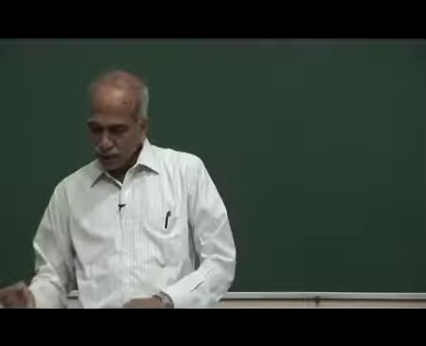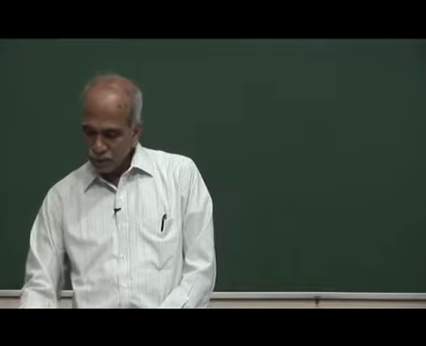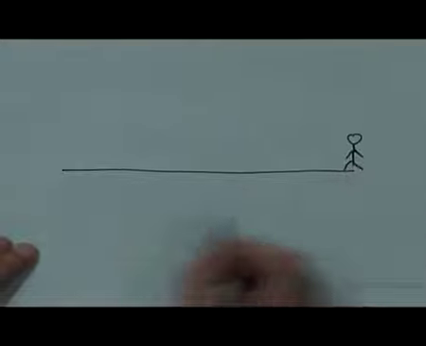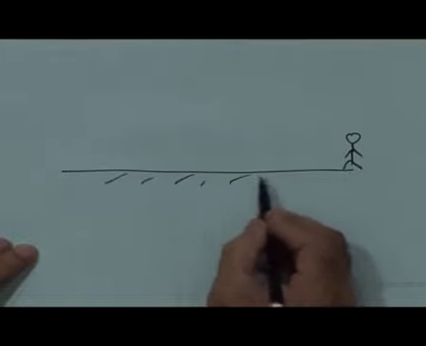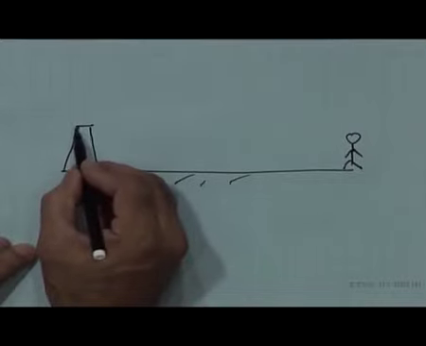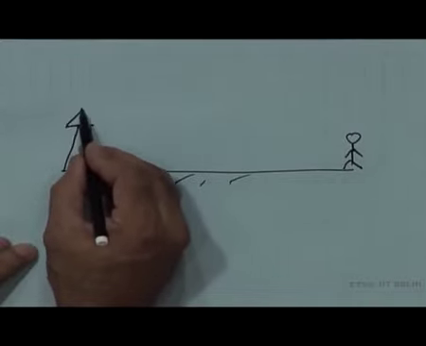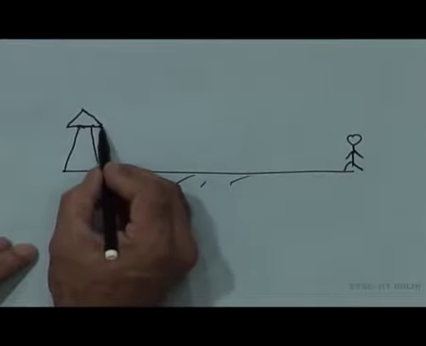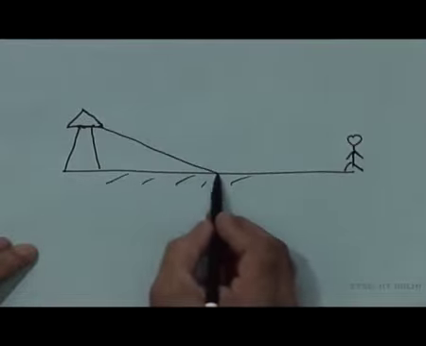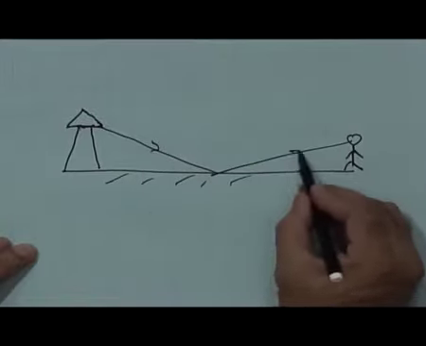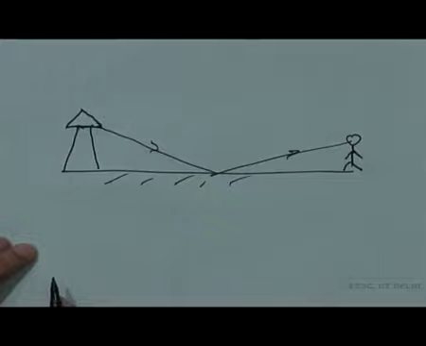For example, on the road, instead of the road, the observer is here. If this were to be a mirror and if I had the object here, so I am trying to draw the same object here, then if this is an object point, the ray which comes here would have reflected and gone to his eyes here.